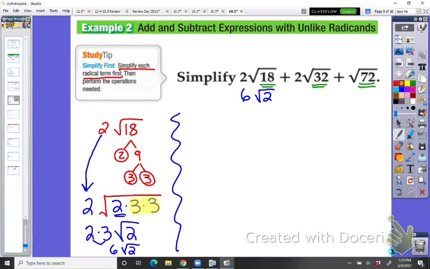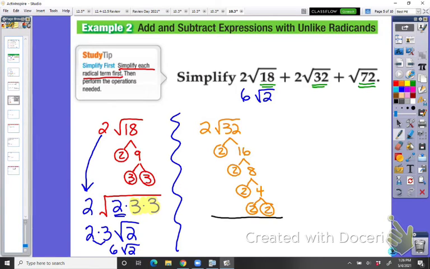We're going to do the same thing on the other 2. 2 root 32. So break down the square root of 32. We got 2 times 16, 2 times 8, 2 times 4, and 2 and 2. So we can rewrite this. I'm going to bring the original front 2 down in the front. Write all our circles, which I have 5 2's underneath this radical.